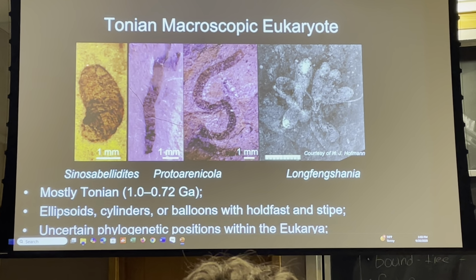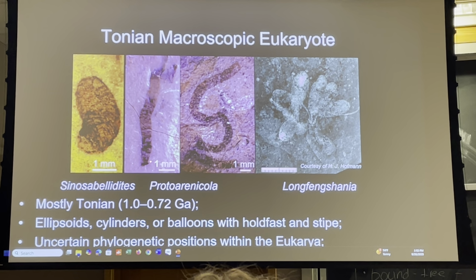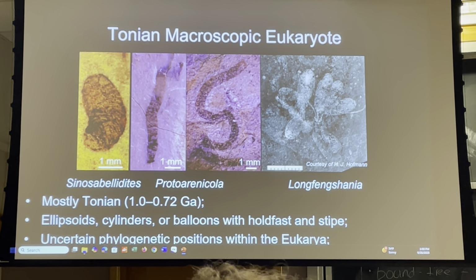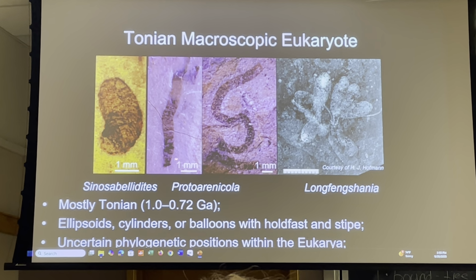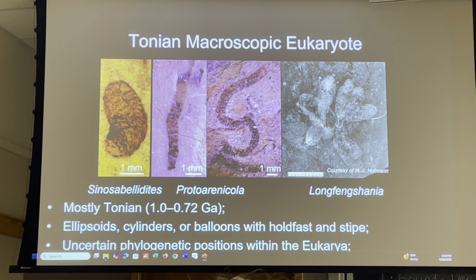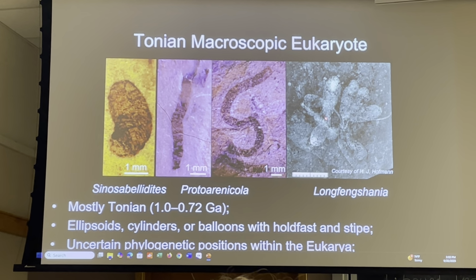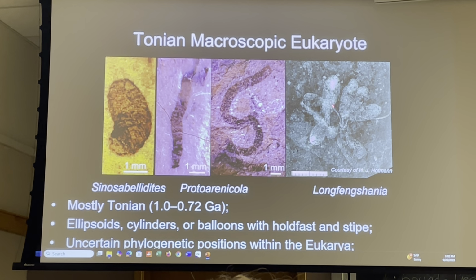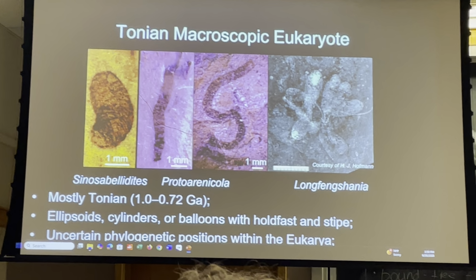Some of them are just a little sausage-like structure, but others have simple structural differentiation into different structures. For example, they have a holdfast. Some of them are branched. Some of them have little balloon-shaped structures, and then a sort of stalk or a stipe that holds the balloon and is attached to the sea floor.